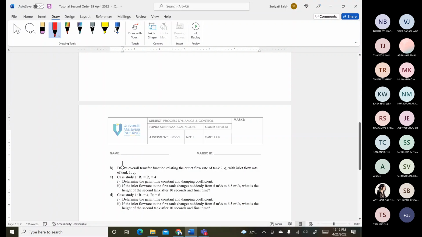Normally, we take a look at the overall question where it states the inlet flow rate. It gives 5 meter cube per second. So it suffices to say that the Q used in this case represents the volumetric flow rate, because the information is in meter cube per second.